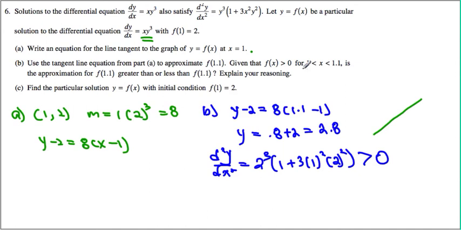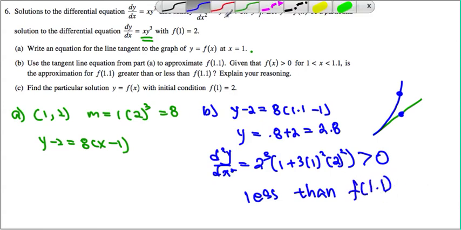But since concavity is also positive, from that particular point you're going to have cup up, or positive concavity. So this is the real value, and this is our approximation. Our approximation must be lower than our actual value. So our answer is less than f of 1.1.